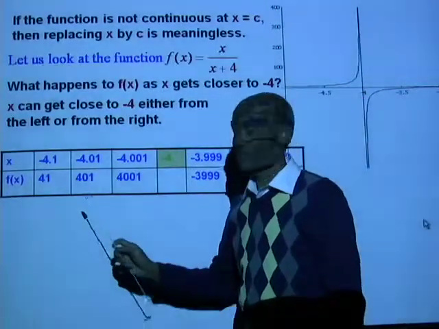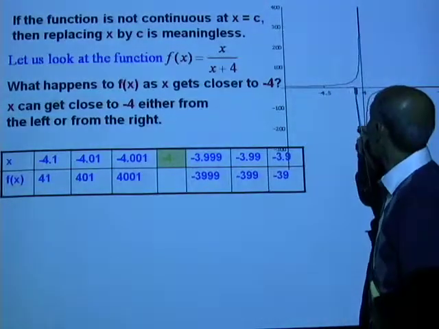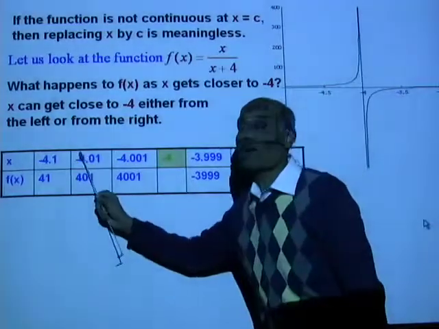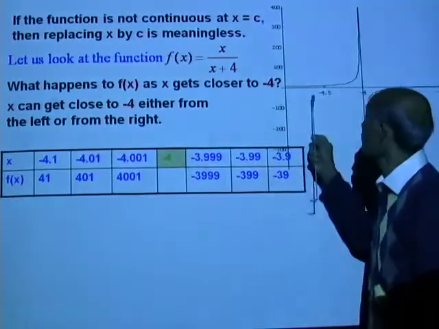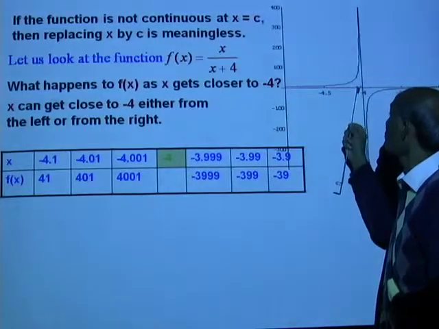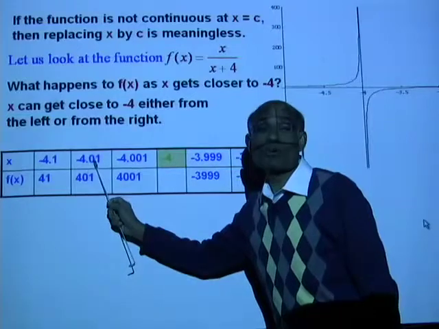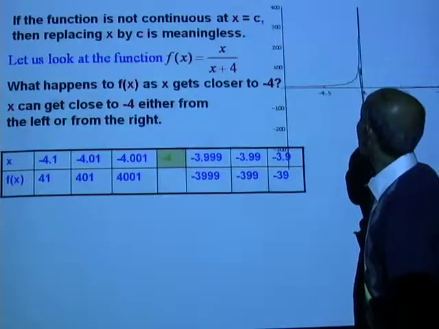Do it on your calculator. It'll give you 41. So x equal to negative 4.1, the output is 41. What happens when x equal to negative 4.01? You can see now we are going closer to negative 4. When input is negative 4.01, the output is 401.